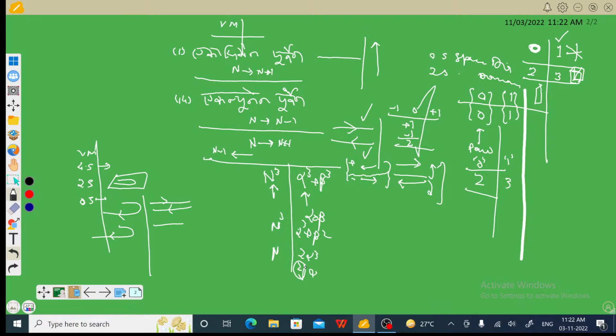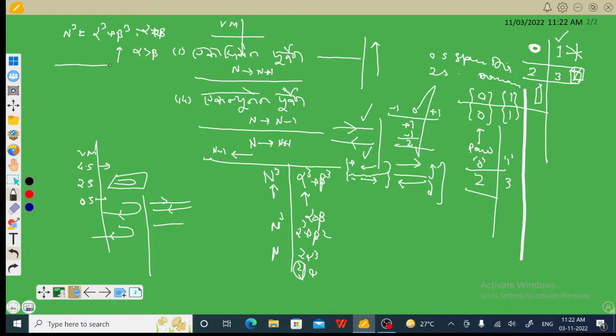Now the case to be worked out is n cube equal to alpha cube plus beta cube, where alpha is not equal to beta. So taking beta as smaller, say alpha is greater than beta.